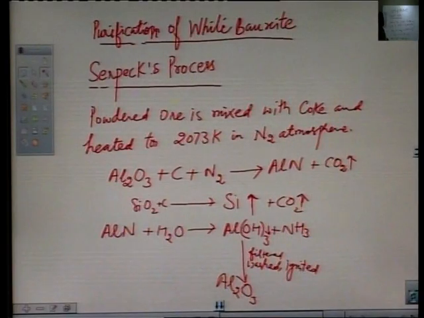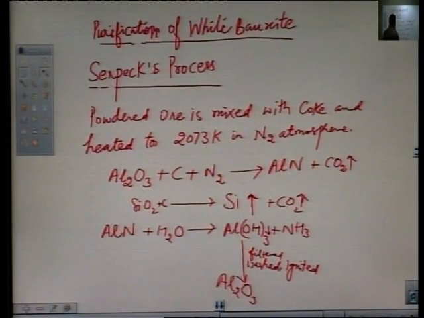So this was purification of red and white bauxite. The different processes were Baeyer process, Hall process and Serpek process. The next step is electrolysis of fused alumina.